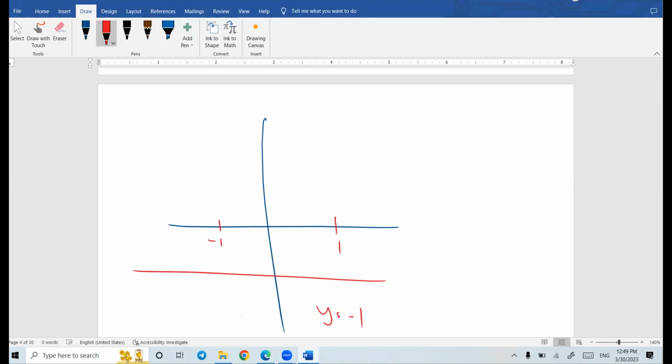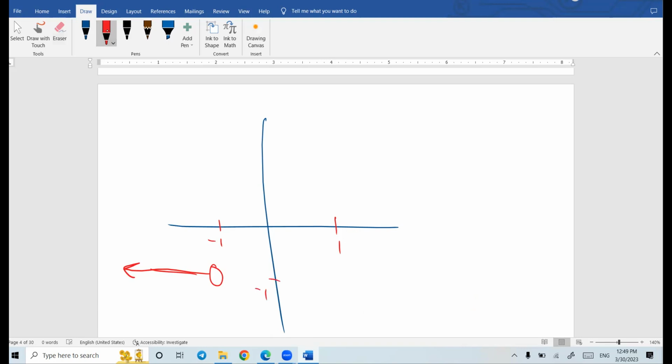I should break or join my graph depending on those points. So he says what? Y equal to -1 when x less than -1. Less than -1 means I start from here to the other side. So I'm going to erase the other part. If you are correct, good, you did well.